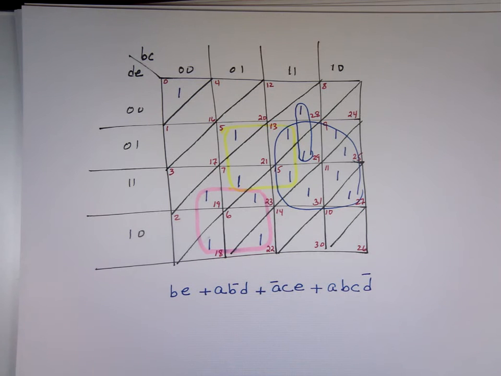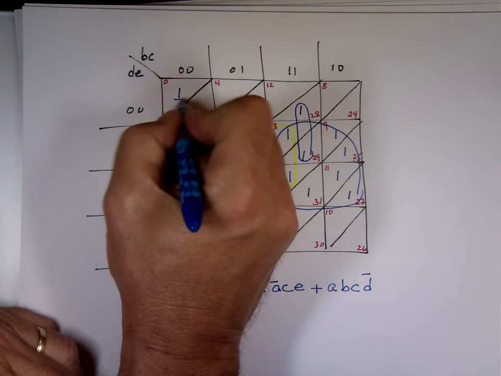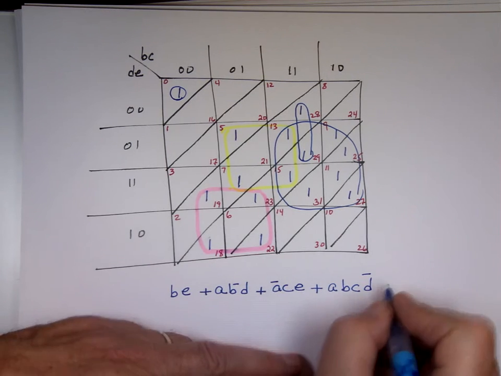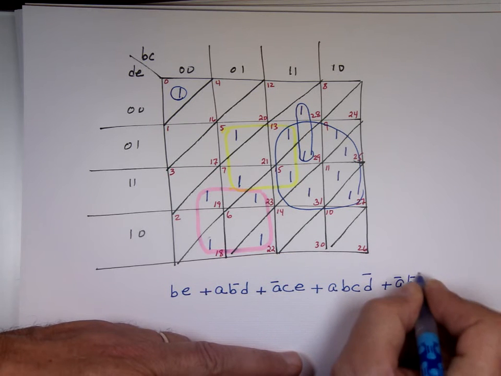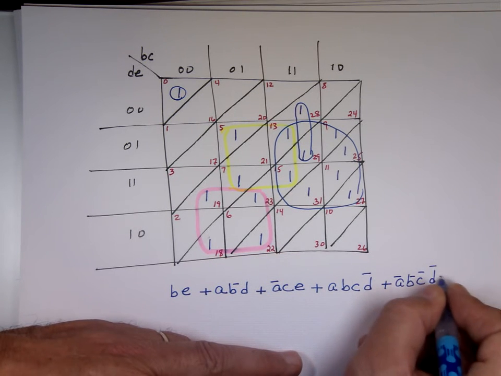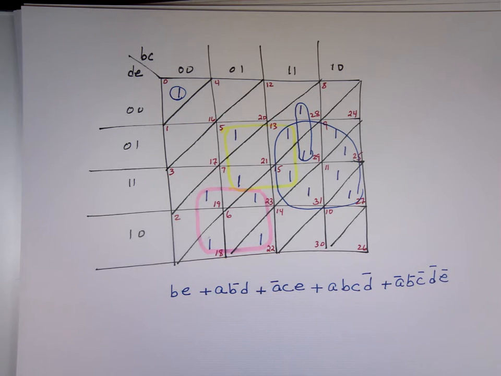E is gone. And the last one is this one. That's the top. That means A is 0, B 0, C 0, D 0, E 0. And that's the expression of the solution to that one.